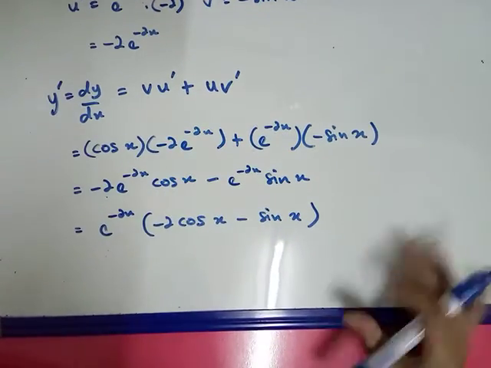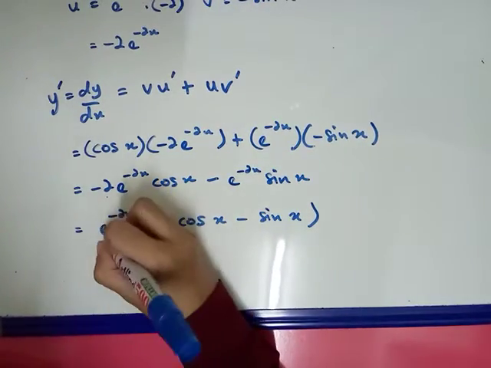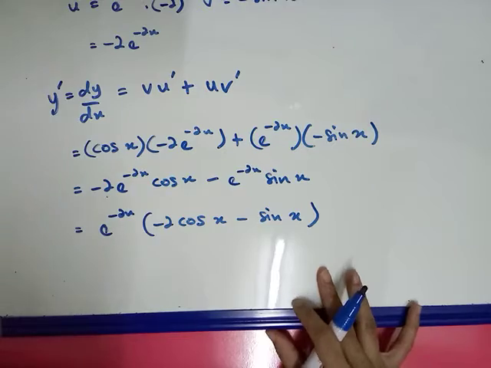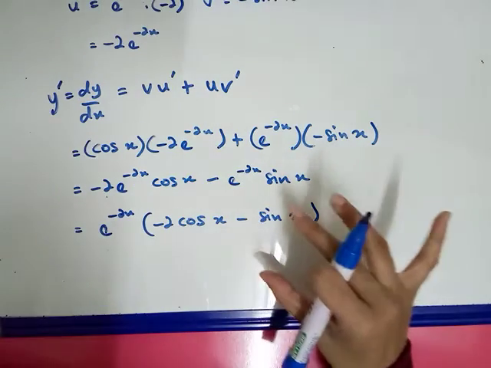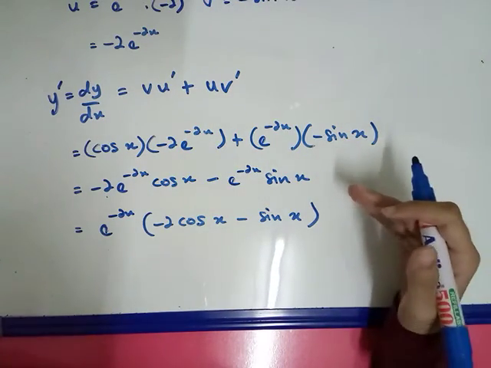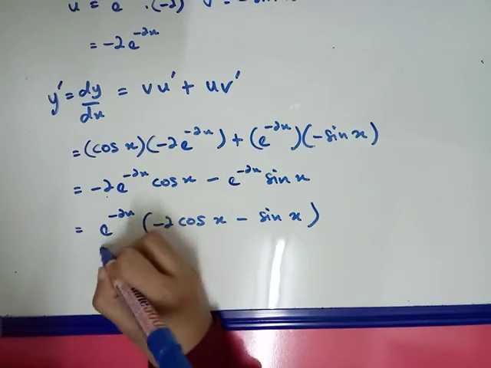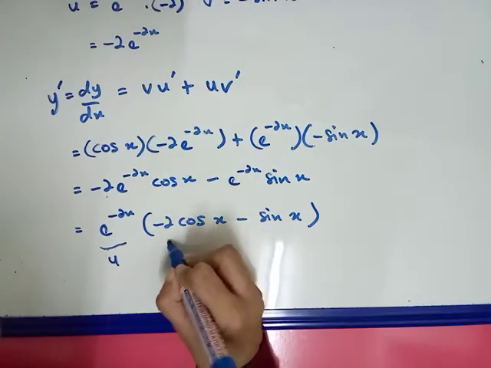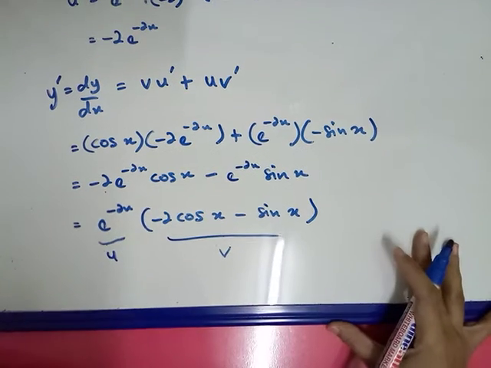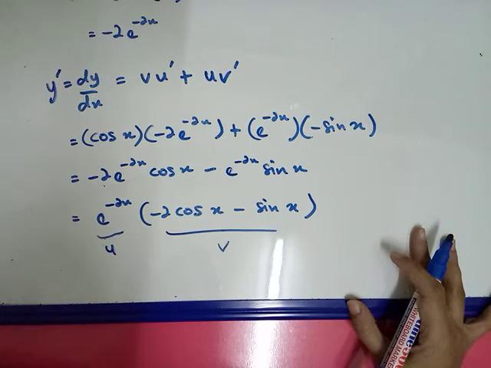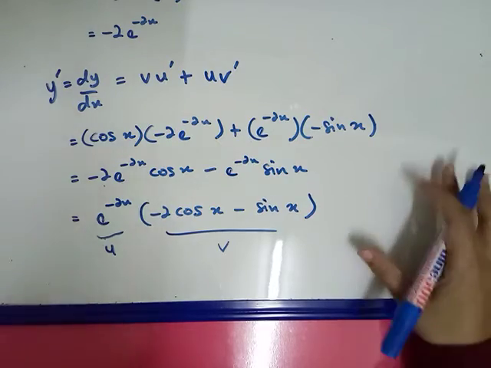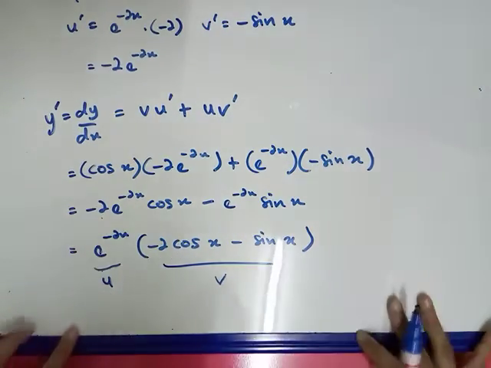Why should we factorize? Because it makes it easier for you to differentiate for the second time. So exponent negative 2x we let as u, and then this one we let as v for the second derivative, second differentiation. Alright, so remember this one.